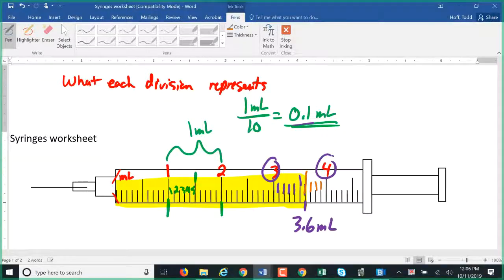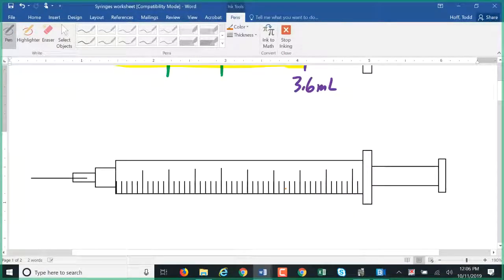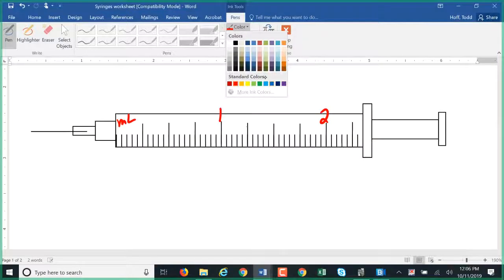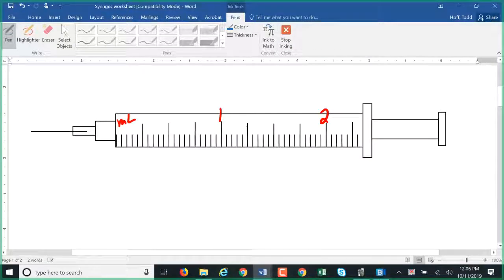Not all of them are going to be labeled the same. This one might be labeled like this. So now I need to figure out what each of those divisions stands for. So I'm going from 1 to 2. 1, 2, 3, 4, 5.